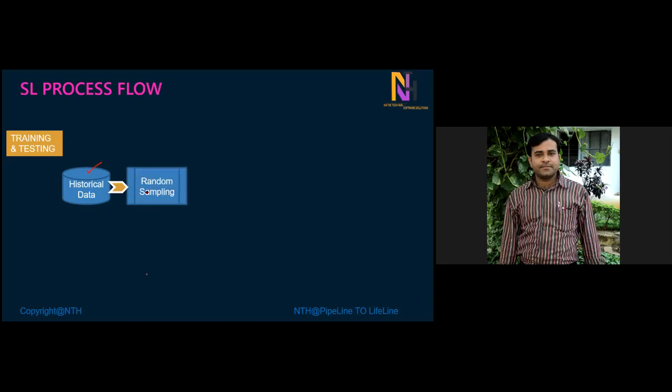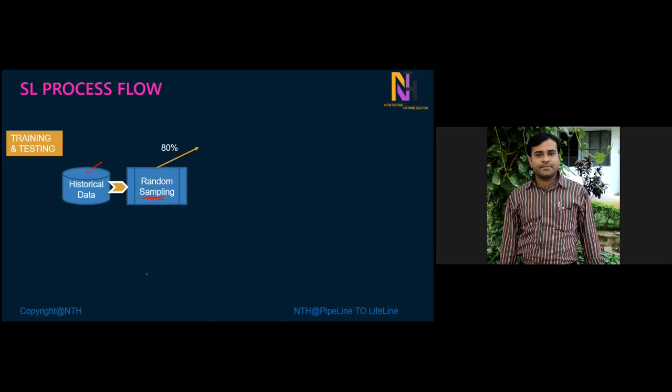We have to gather a sample from the historical data, because if you have 7-8 liters of blood in your body, to test whether you are diabetic or not, we will take a sample of blood. We are not going to take the entire data. So historical data can be 100%, from which a random sample will be extracted.